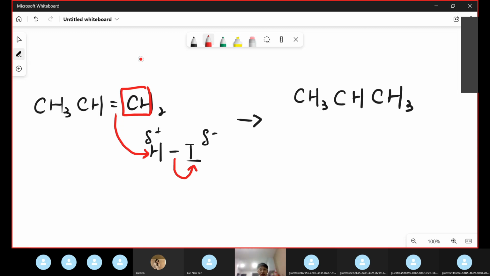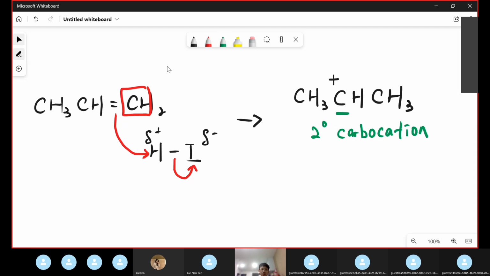So H is added to the carbon with the most H. So what happened now is this middle carbon is positively charged. If you look carefully, this carbon is a secondary carbocation, sorry, secondary carbocation, not carbon.